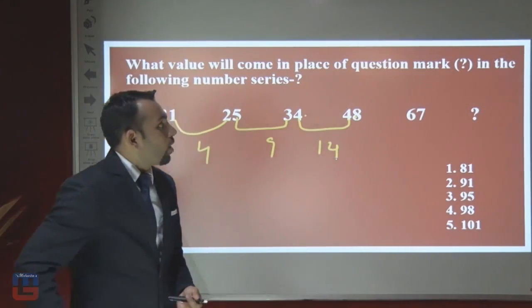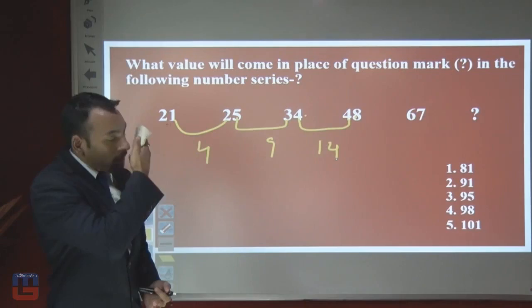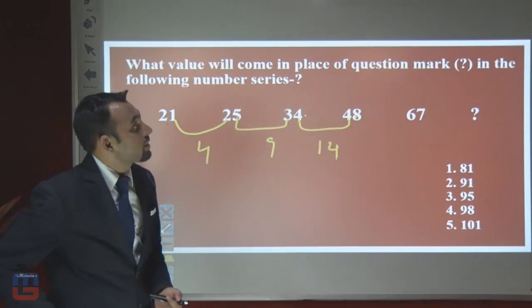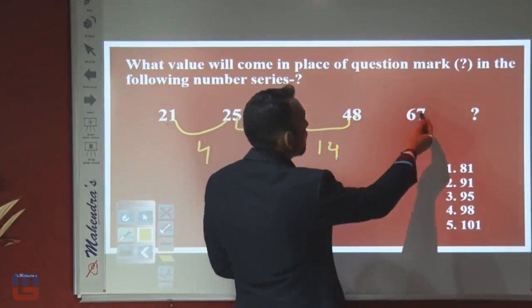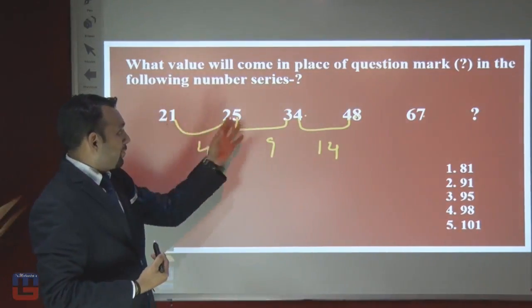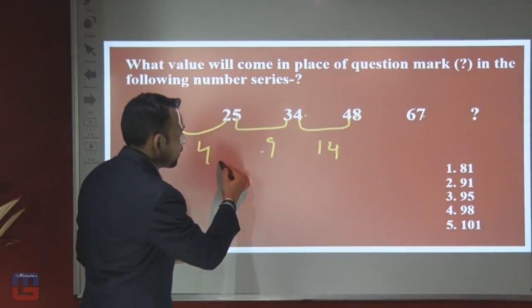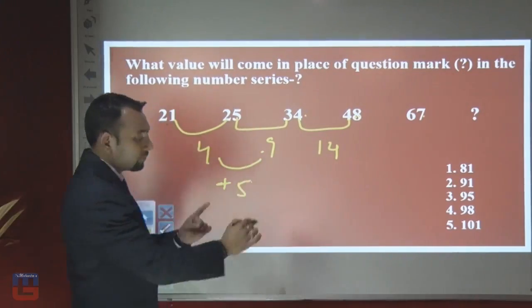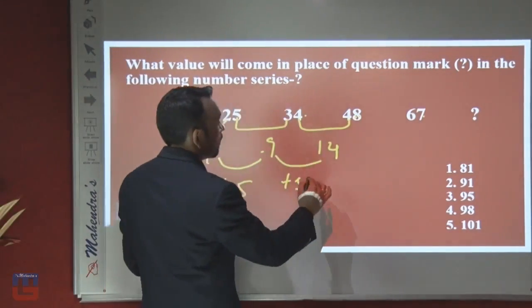Right. On the same way, 48, 67. The difference is 67 minus 48, that is 19. Now see firstly, the differences are 4, 9, 14. Now see, 4, 9, alright. On the same way, we are adding 5.